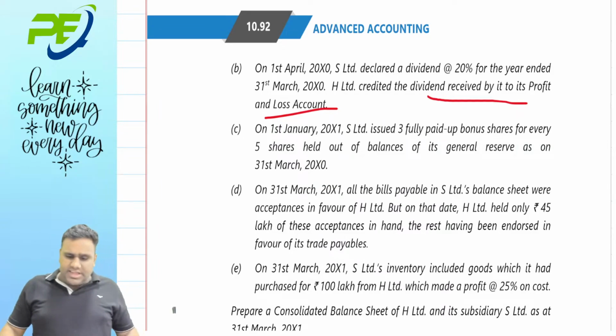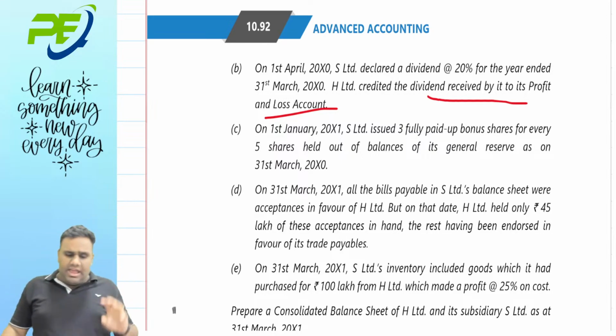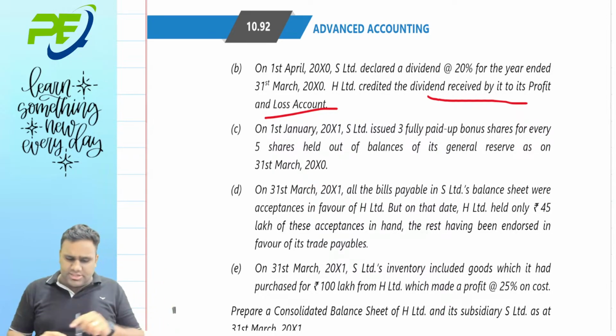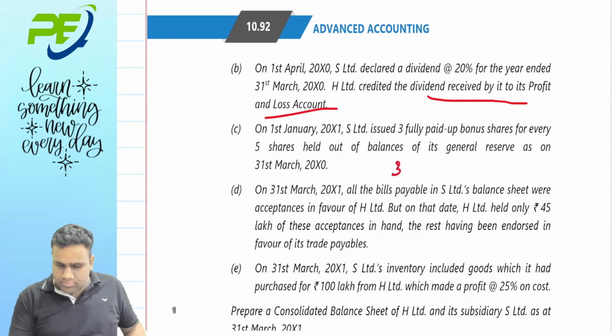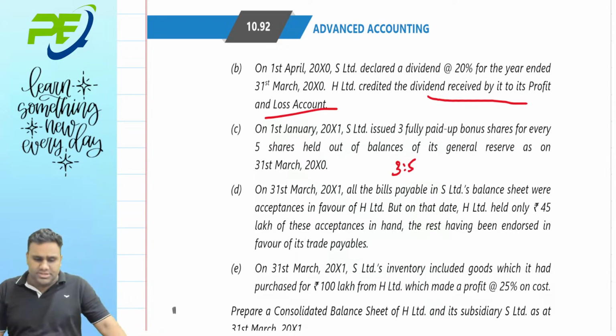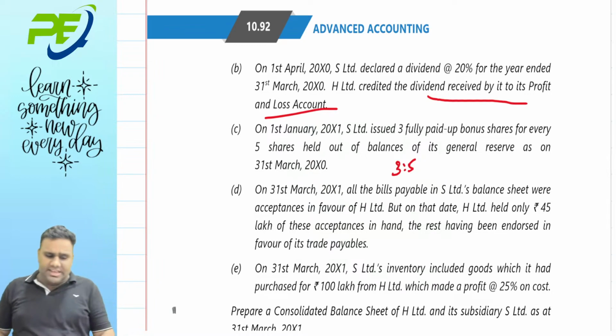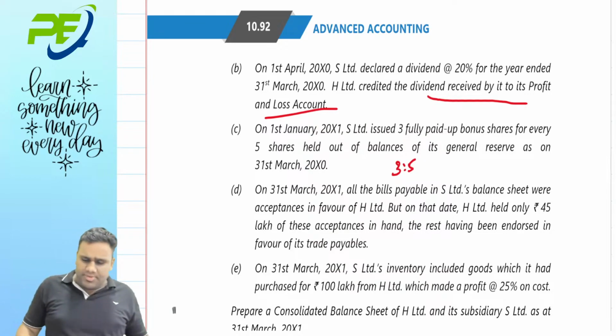On 1st January, S Limited issued 3 fully paid up bonus shares for every 5 shares, out of balance of its general reserve as on 31st March. What is the ratio? On 31st March, all the bills payable in S Limited balance sheet were accepted in favor of H Limited.